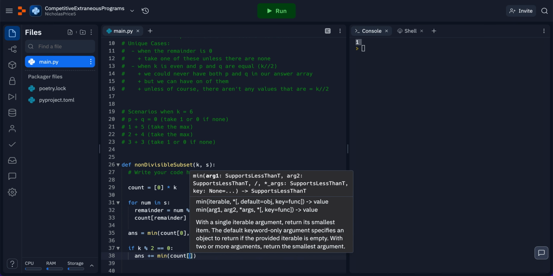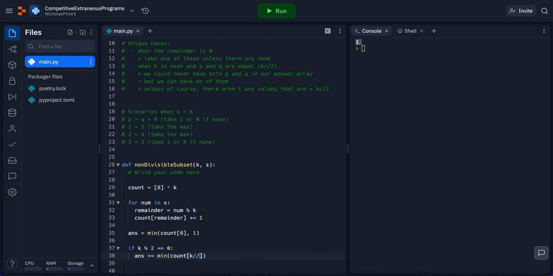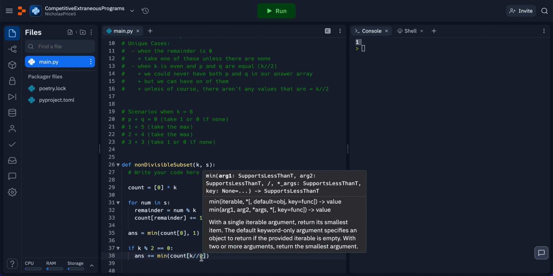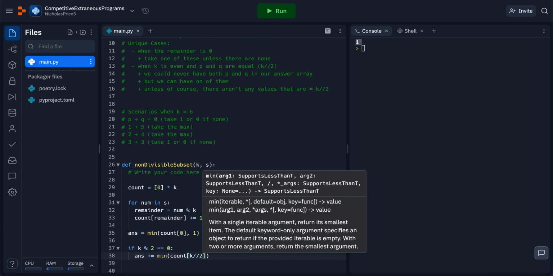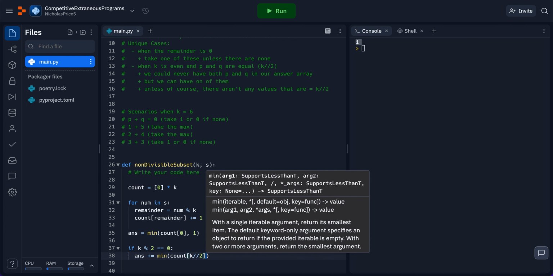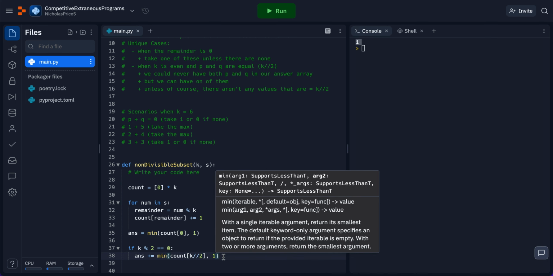What position in our count array do we need to evaluate? Well, we need to evaluate k divided by 2. And you want to use, in Python, the two divisor signs, so we're evaluating it as an integer, not a float. And our range would be to 1 again.